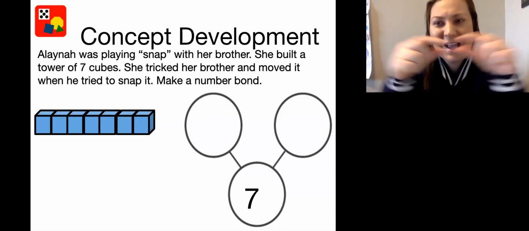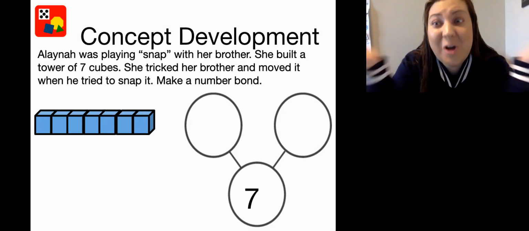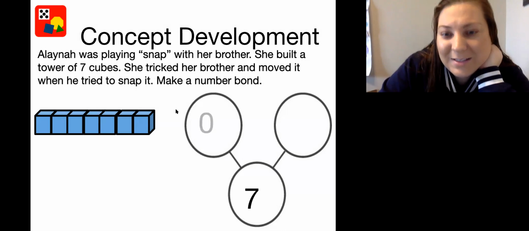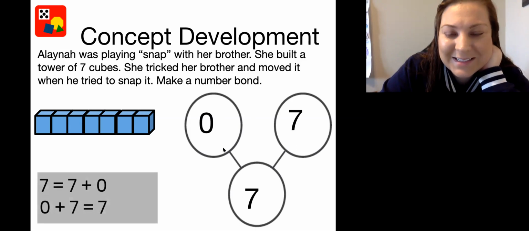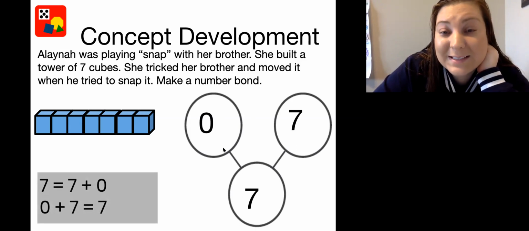No. So she had all 7 and nobody was able to snap it. So 0 were broken off of it. So 0 and 7 make 7. Very good. Let's look at our number sentence. 7 equals 7 plus 0. Your turn. We can also say 0 and 7 make 7. Your turn.